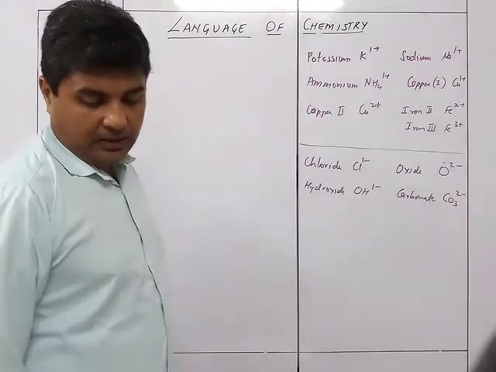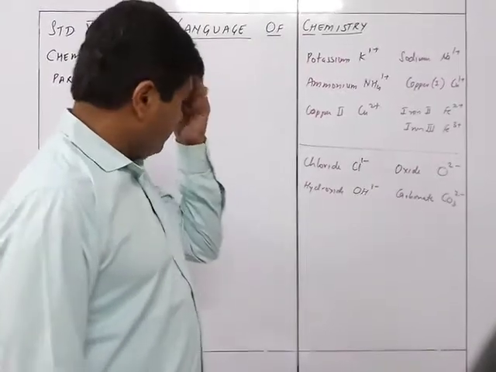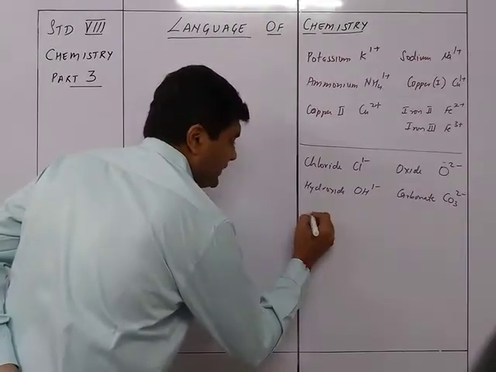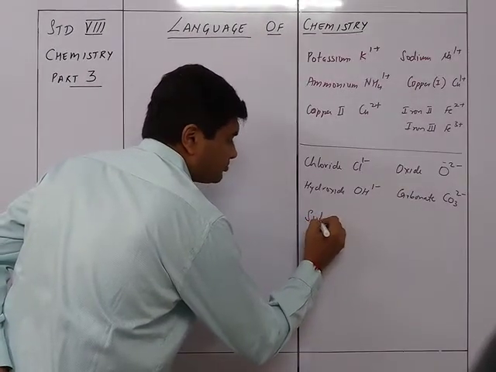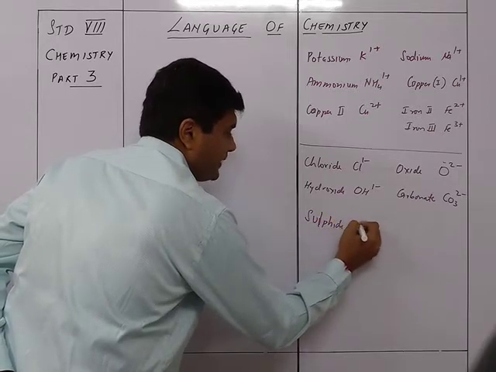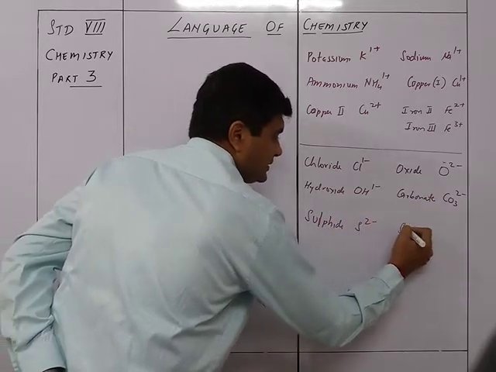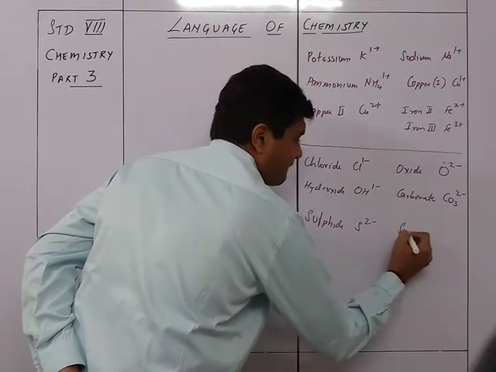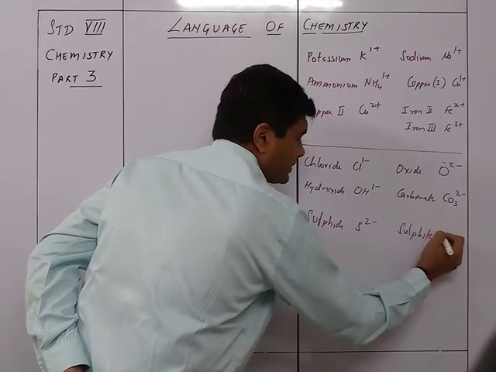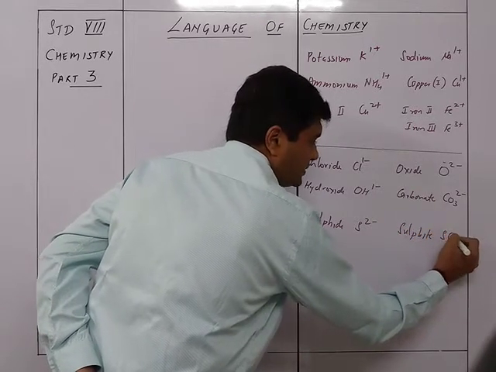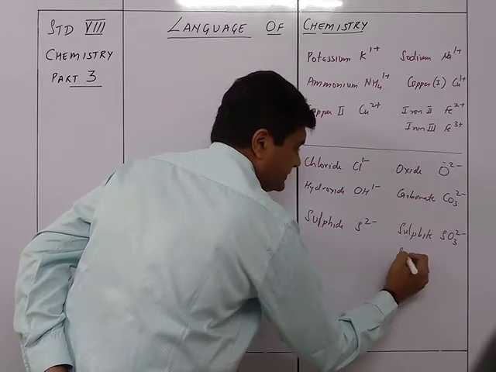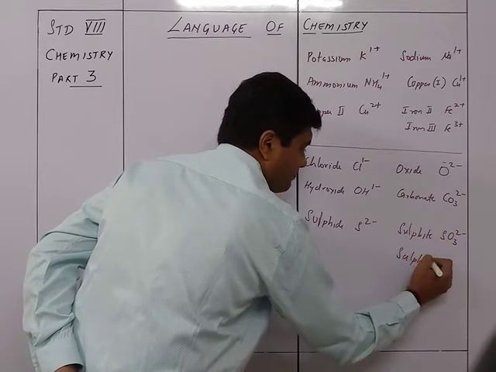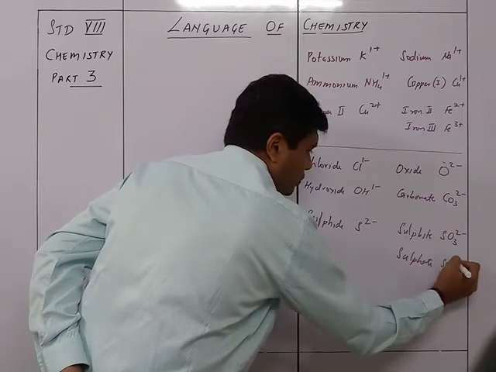Let's take sulphide, S2 minus, sulphite, SO3 2 minus, and sulfate, SO4 2 minus.